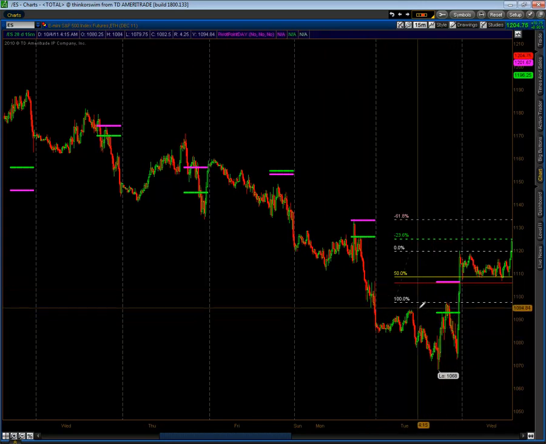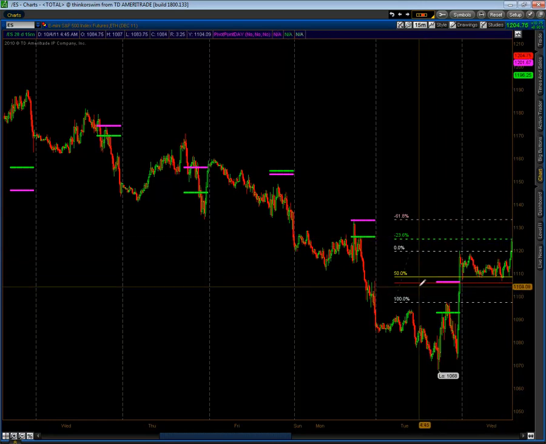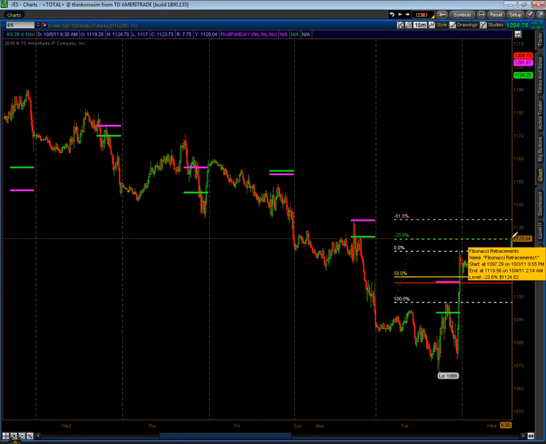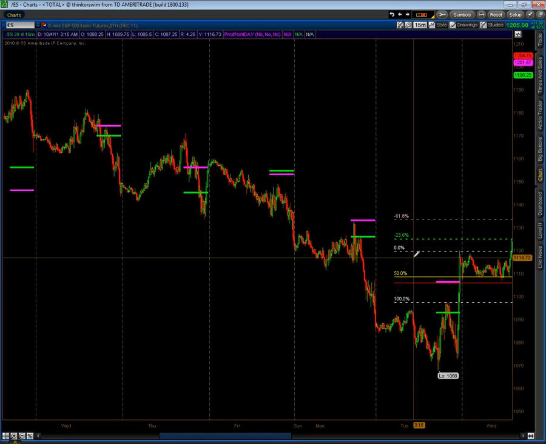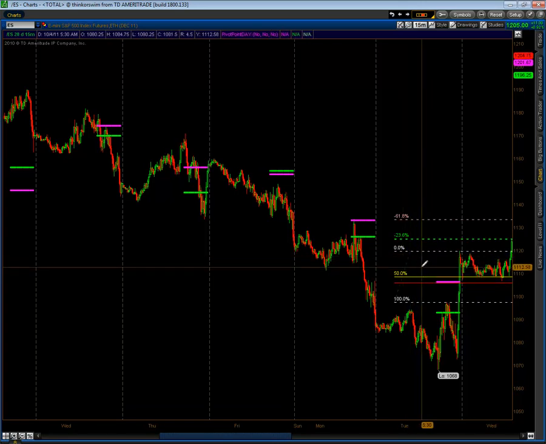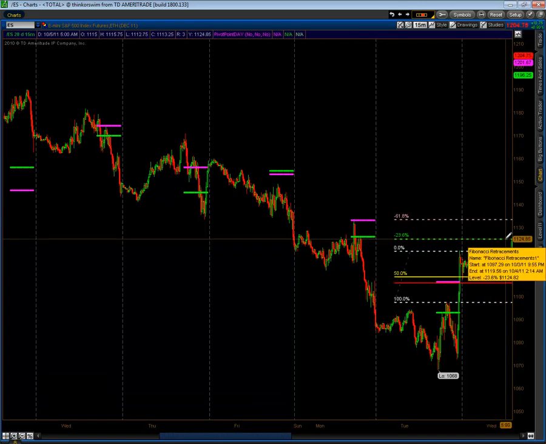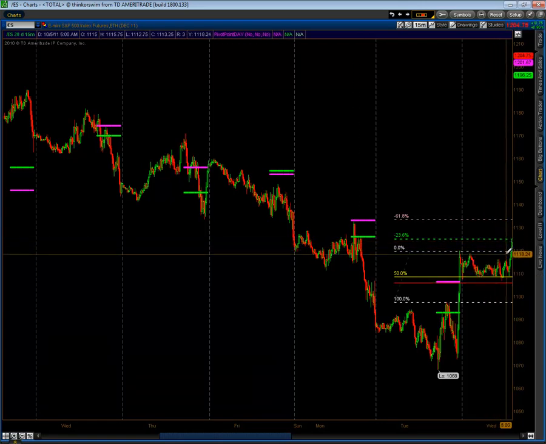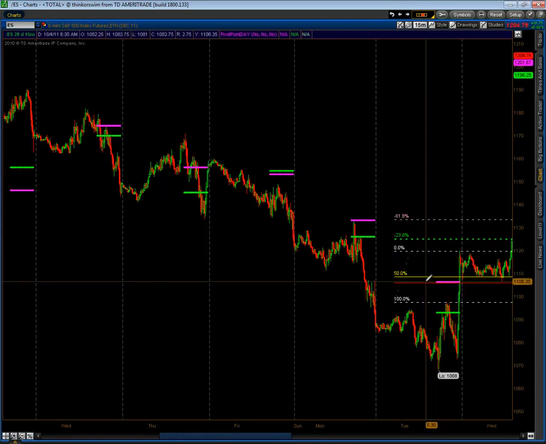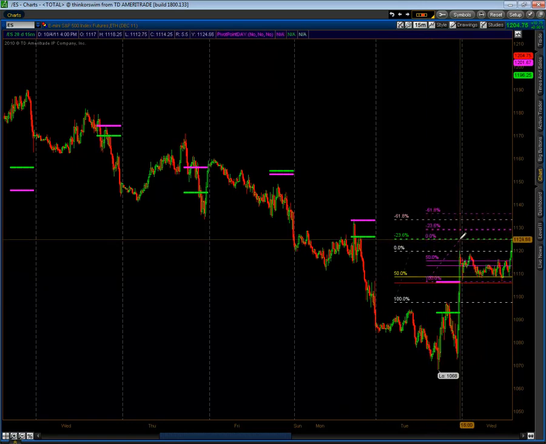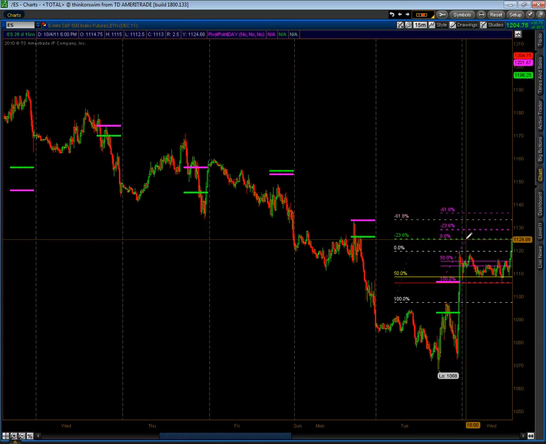Now, one unique feature of extensions, assuming that price stops climbing here right at our target, we would have taken our profit here. We would have been out. But one unique feature of extensions is that once they start, if price stops at the 23% target of an extension and then retraces, we don't draw it as a measured move, which would be this, from the lows of that trade to the next high.